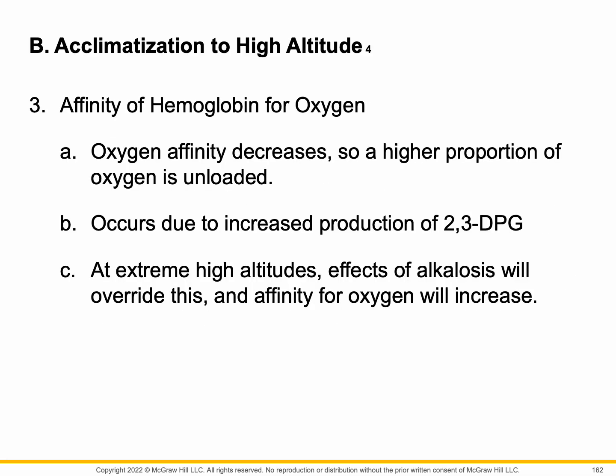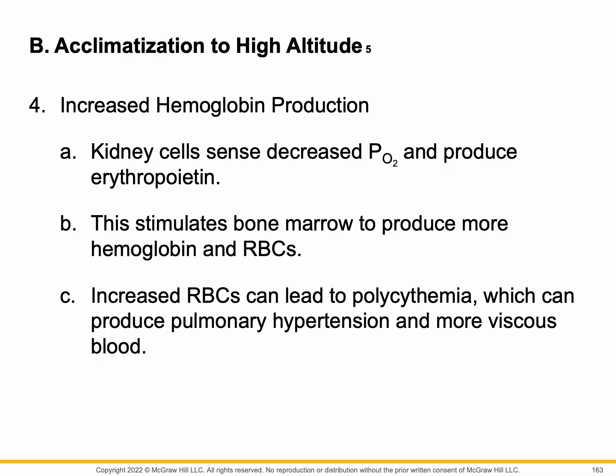Oxygen affinity decreases, so a higher portion of the oxygen is going to unload, and this occurs due to increased production of 2,3-DPG. At extreme high altitudes, the effects of alkalosis will override this, and affinity for oxygen will increase as well. Increased hemoglobin production occurs.